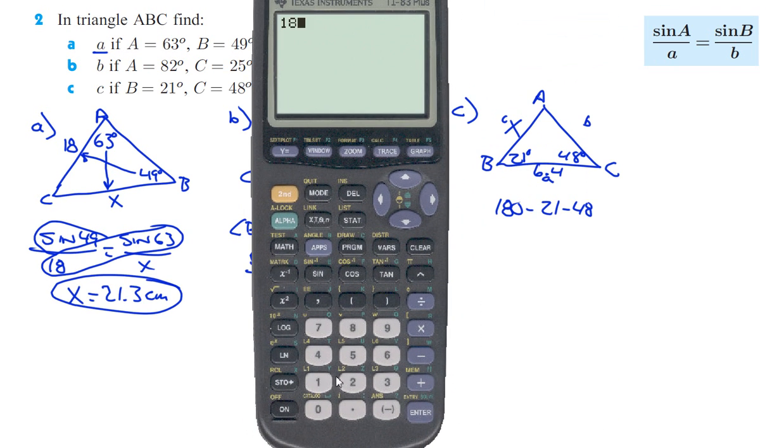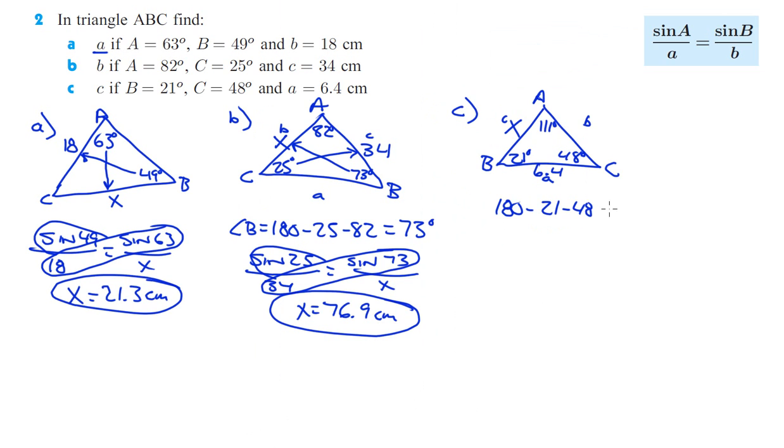So 180 minus 21 minus 48 gives us 111. So this here is 111 degrees. Okay, so then now we can say sine of 111 over 6.4 is going to equal sine of c, because this is the other side that we're looking for, side C, so we need angle C, so we'd do sine 48 over x.